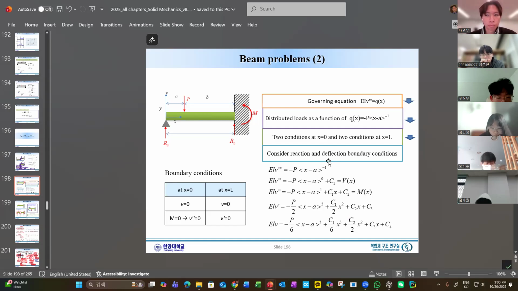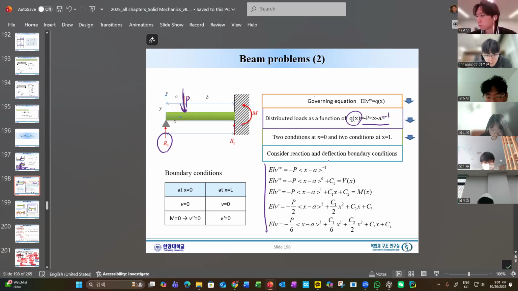Another beam problem that is very typical: we have a simple support and a clamped support, and we have a P here, and the governing equation, and this load q in terms of P using the minus 1. This is a concentrated load, and with two boundary conditions here and two boundary conditions here, we can solve.